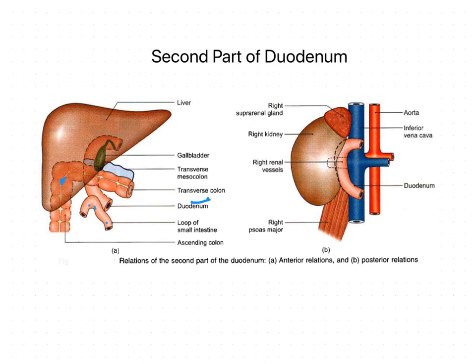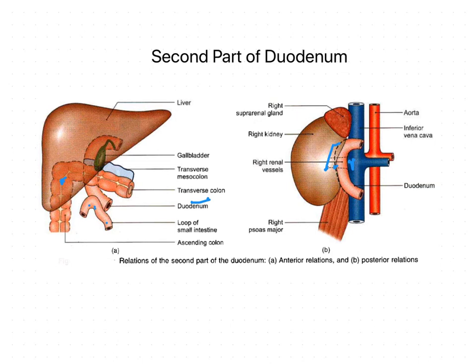If you move on to the posterior relations, it is related with the medial margin of the right kidney, and also the right renal vessels, and the right edge of the inferior vena cava, and also the right psoas major muscle.